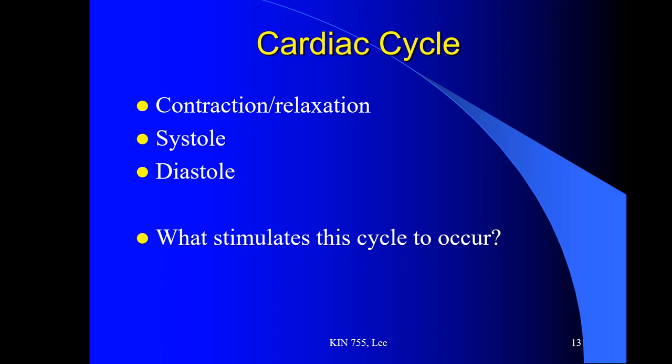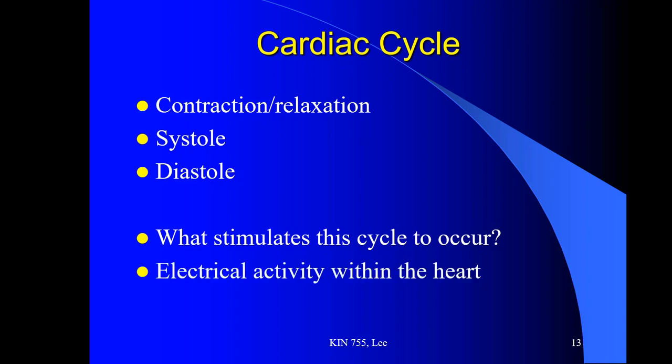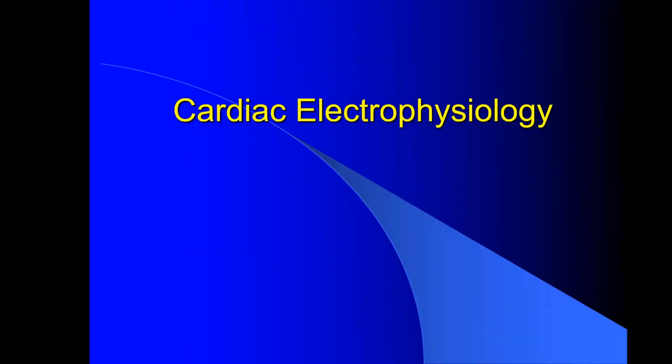So similar to skeletal muscle cells, they do need electrical impulses to cause the muscle fiber to contract. However, the way that this electricity occurs is a little bit different in the heart. So electrical activity within the heart is going to stimulate this cardiac cycle. So that brings us to cardiac electrophysiology, which is just referring to the electrical flow through the heart.